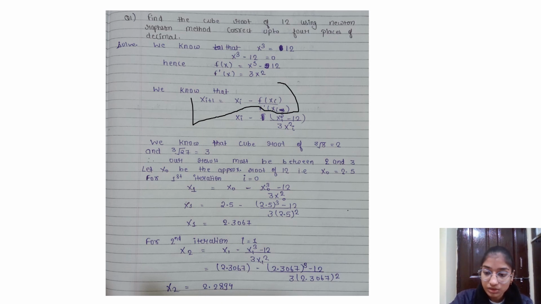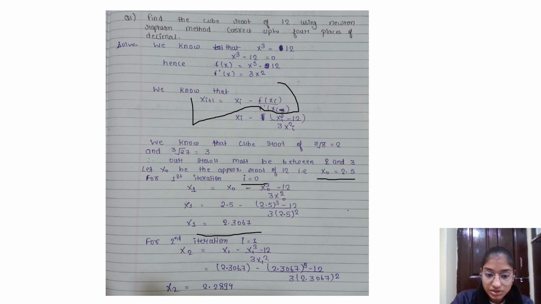Let's suppose the value of x0 as 2.5, and now we are going to find the values for 12. In first iteration where i equals 0, we find x1, which comes out to be 2.3067.